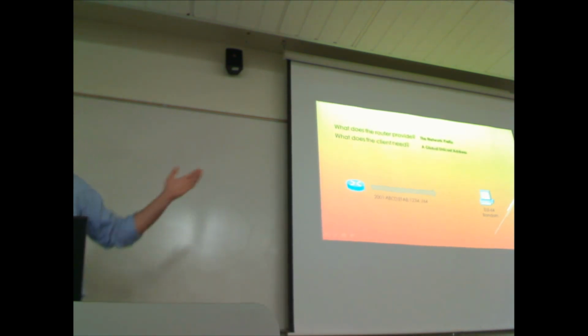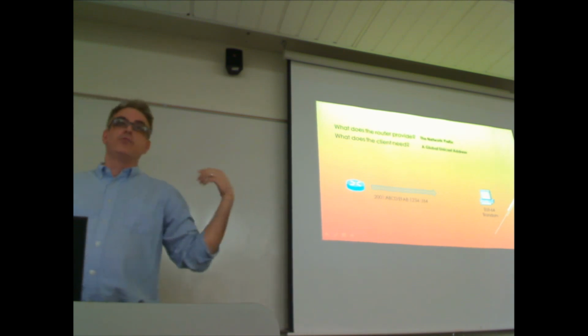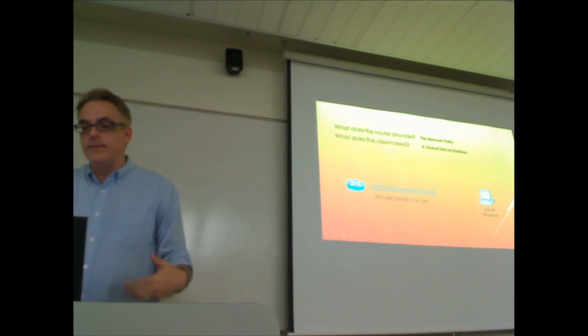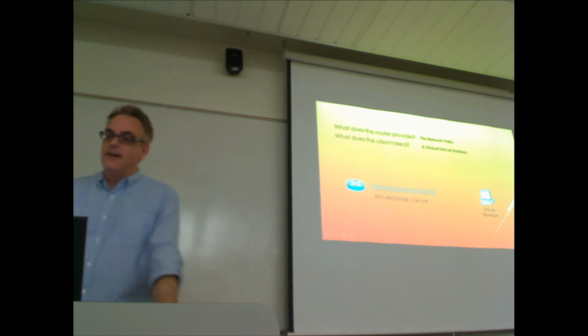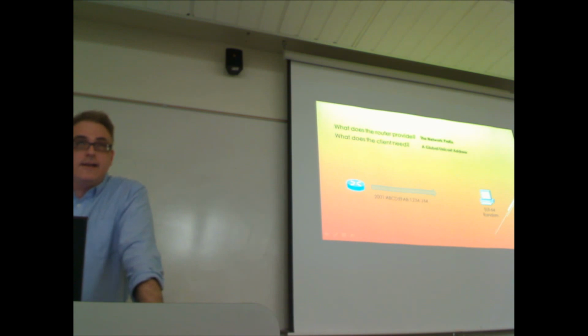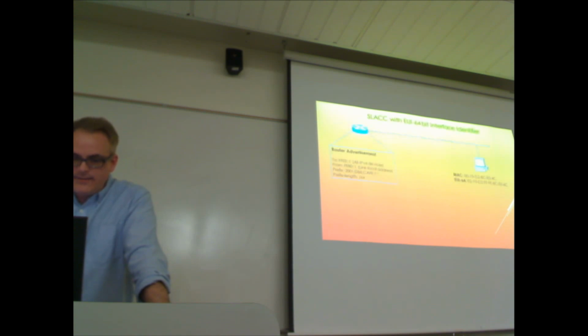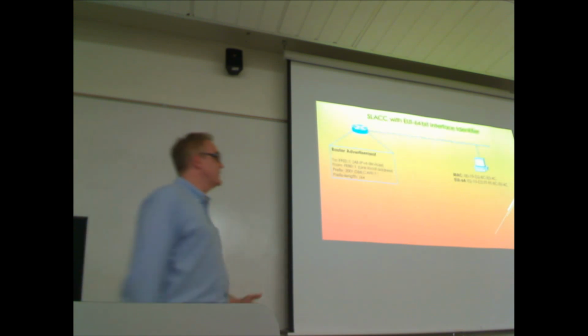The EUI-64 is an IEEE specification. The randomly generated number is sometimes called a privacy extension identifier, and I believe that was defined by RFC 4941. I have it at the end of the slide so we can check it at the end.